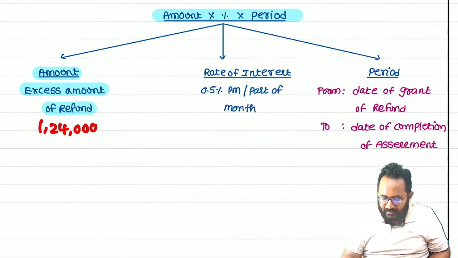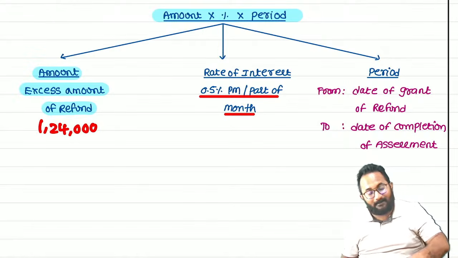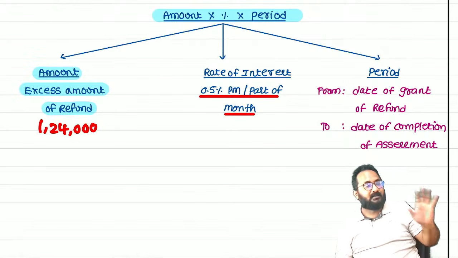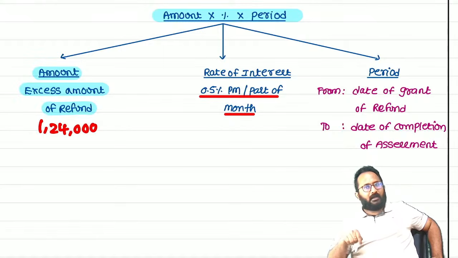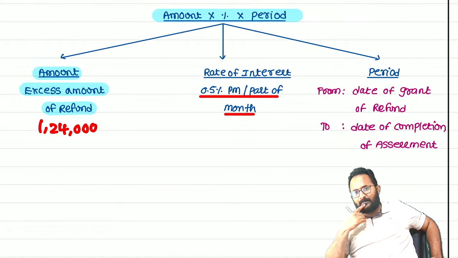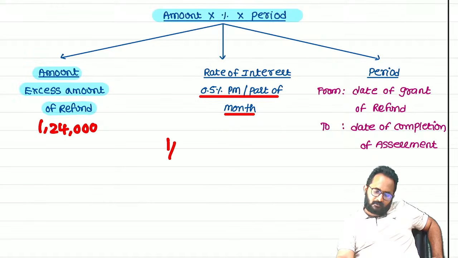Rate of interest: we are not calculating 1% per month or part of the month. Here we are calculating only 0.5%. Why? It's your mistake. I will give it to you, but I will not pay 1%. I will pay 0.5%. My refund related interest is always 0.5% rate of interest.